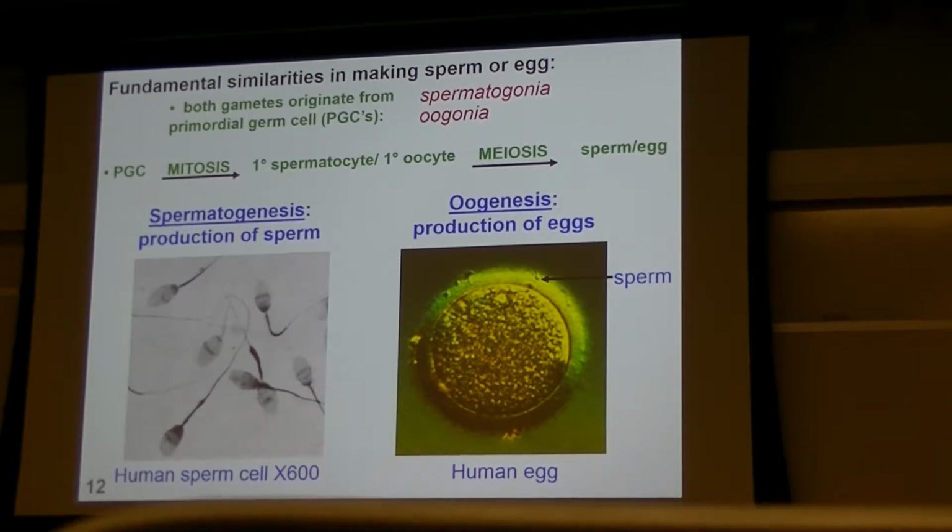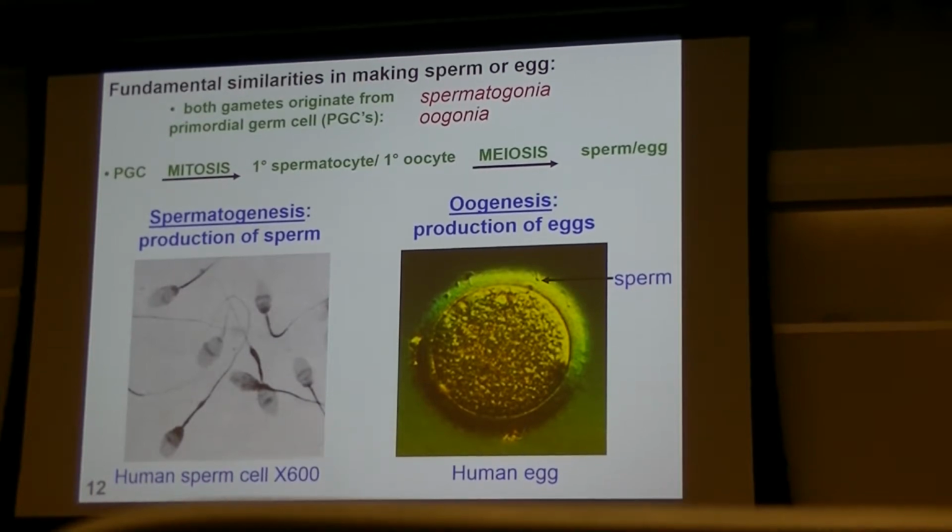And today is one of these lectures where your terms list is like that, because there's all these different names and words that are associated with this process of gametogenesis. So the first one here, spermatogonia, that's the name of the primordial germ cells that are going to make the sperm or spermatozoa.